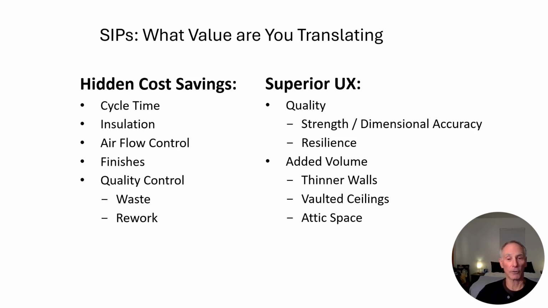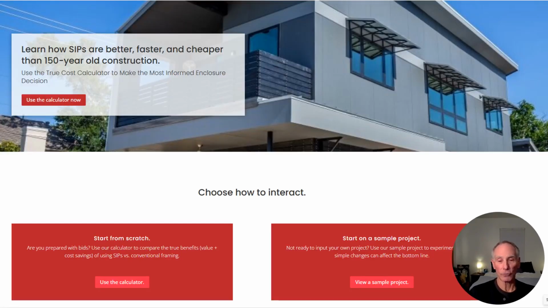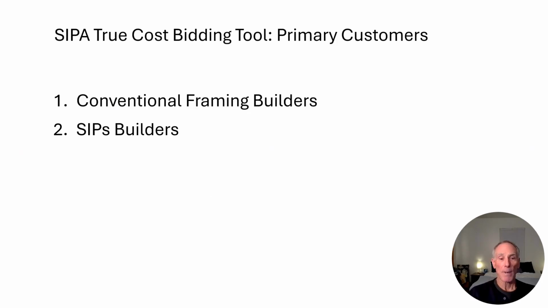When you look at the superior user experience, you have additional quality from strength and dimensional accuracy, enhanced resilience, you have added volume where thinner walls can displace thicker framing that creates additional occupied space. Also, vaulted ceilings create additional volume, and you have all that attic space that can be used for storage and living space. So we have all these benefits, and the SIPA True Cost Bidding Tool is there to translate that value for you.